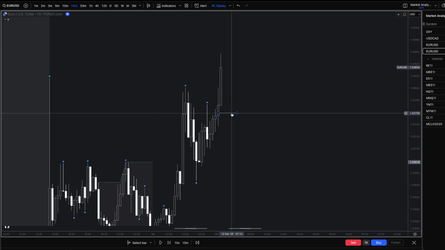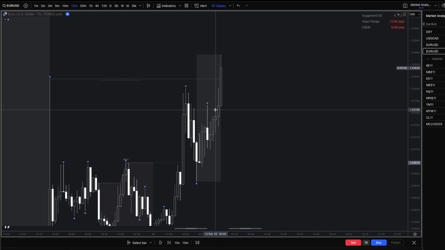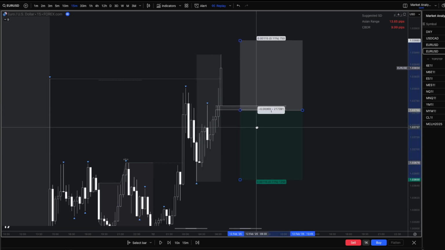So if you have a look over here on the M15, let's say that this is your structural leg over here. I was then looking to see this displacement over here break down. There wasn't really anything else sitting in here, so I was quite happy to initially take a position like this, okay?